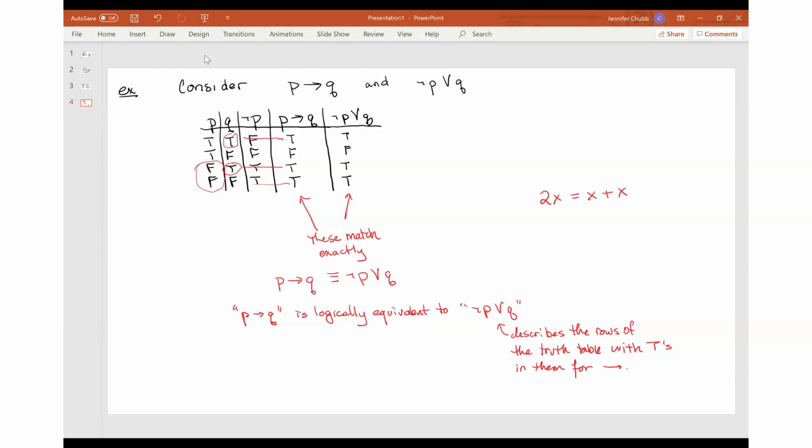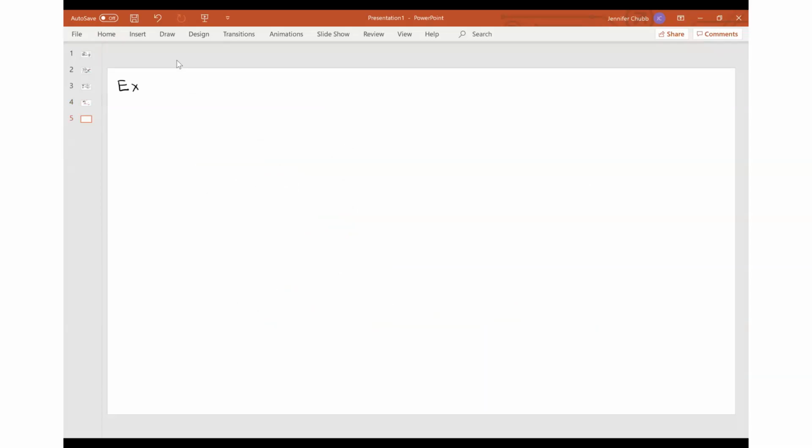Let's maybe do one more example of showing logical equivalence, and then I want to just give you a brief look at the algebra of propositions and some rules of logic. So here's one more example. This is an important example because it kind of tells us about the logical analog to distributing a negative, right?